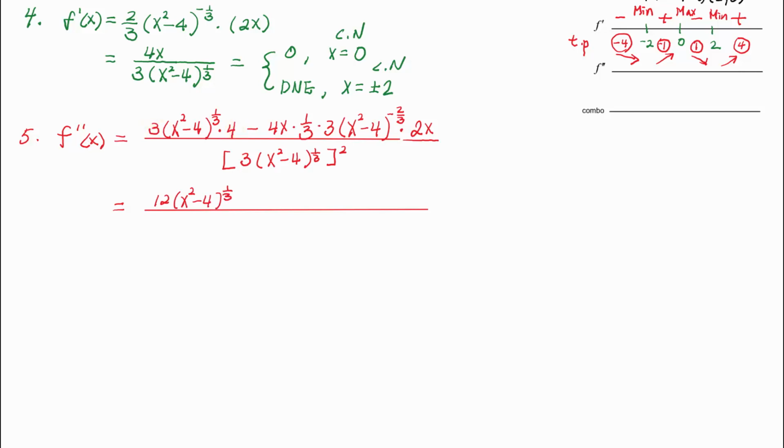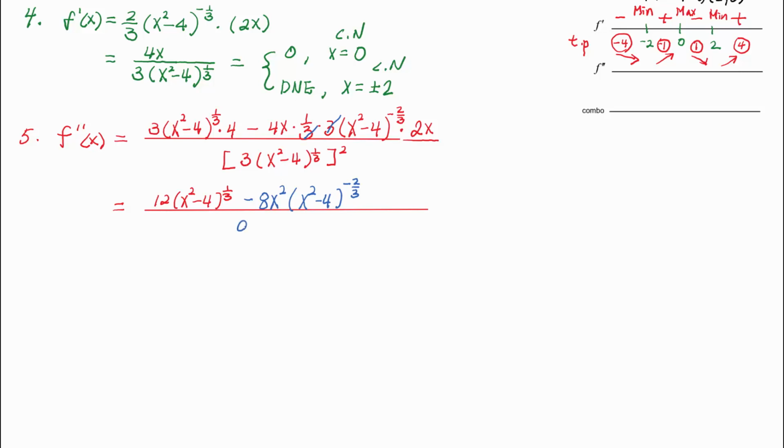On the second term, I can cancel the 1/3 and 3, since 1/3 times 3 is 1. And negative 4x times 2x is negative 8x squared. And you still have a factor of x squared minus 4 raised to the negative 2/3 power, over... Now we're going to square each factor in the bottom.